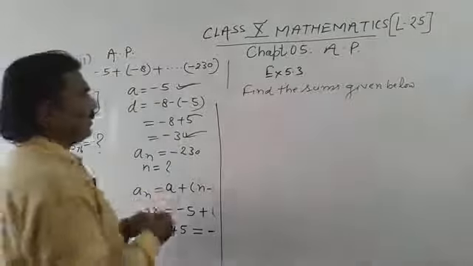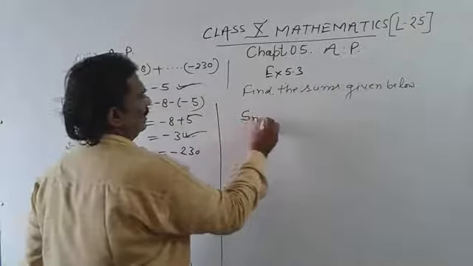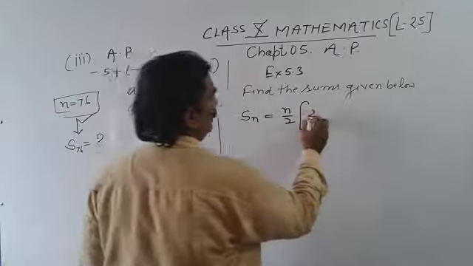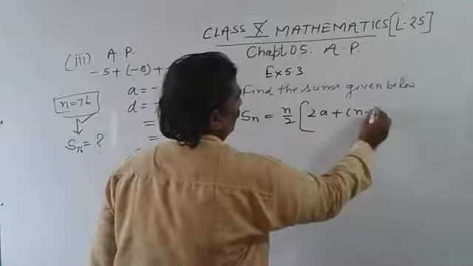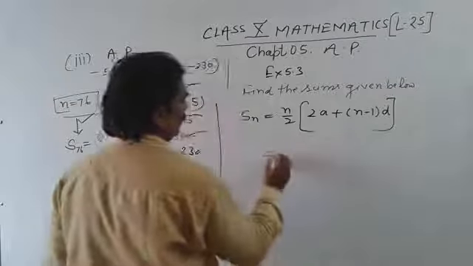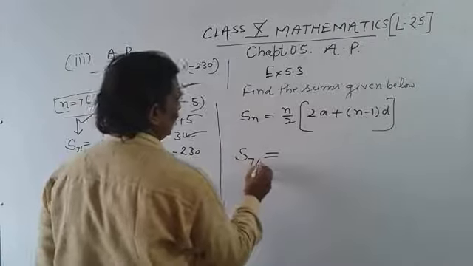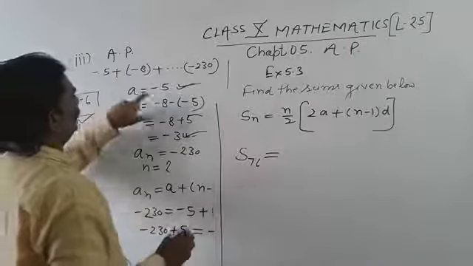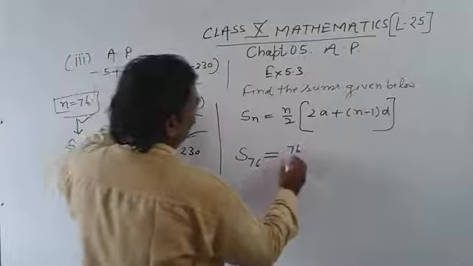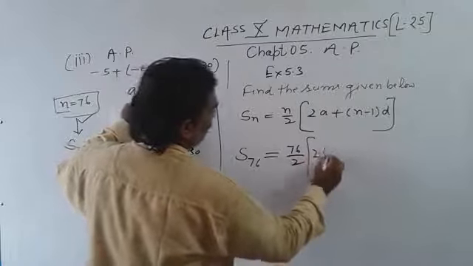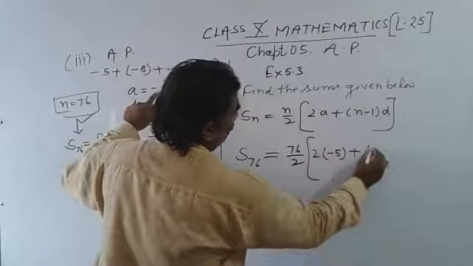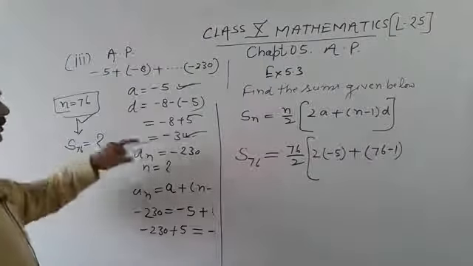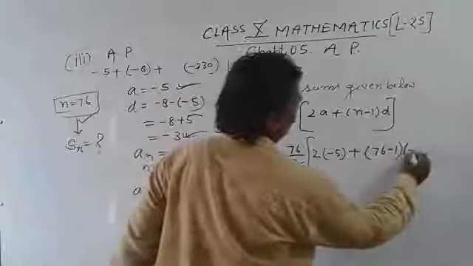So students, here we have Sn is equal to n upon 2 into 2a plus n minus 1 into d. So S76 because n is 76, a is minus 5, 2 into minus 5 plus 76 minus 1, and d is minus 3.